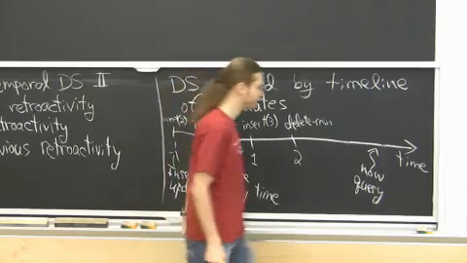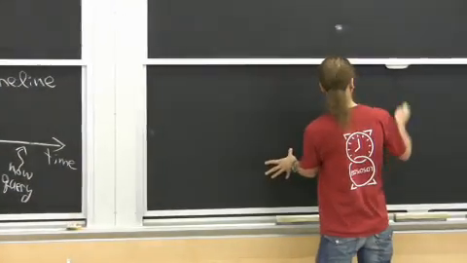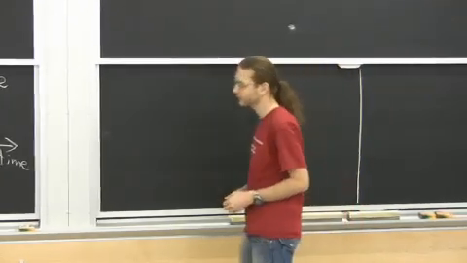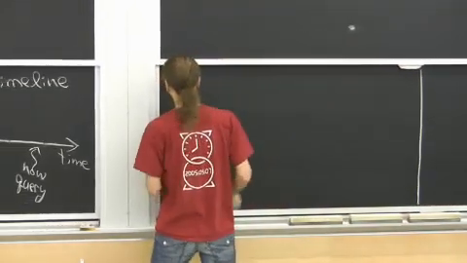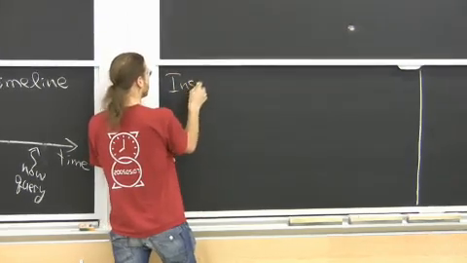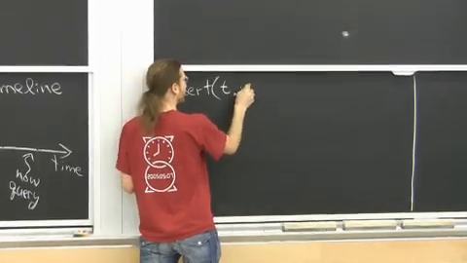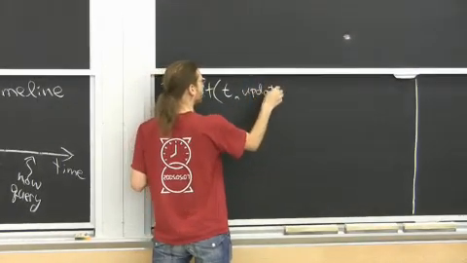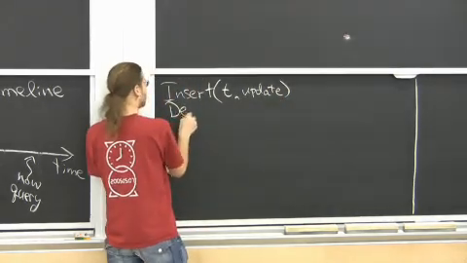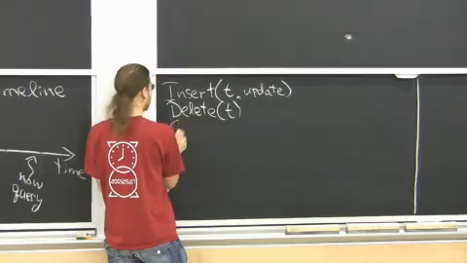So that's what's called a partially retroactive data structure. So like persistence, we have partial and full. So in general, we're going to have insert at a given time, a given update, delete the operation at a given time, and query.